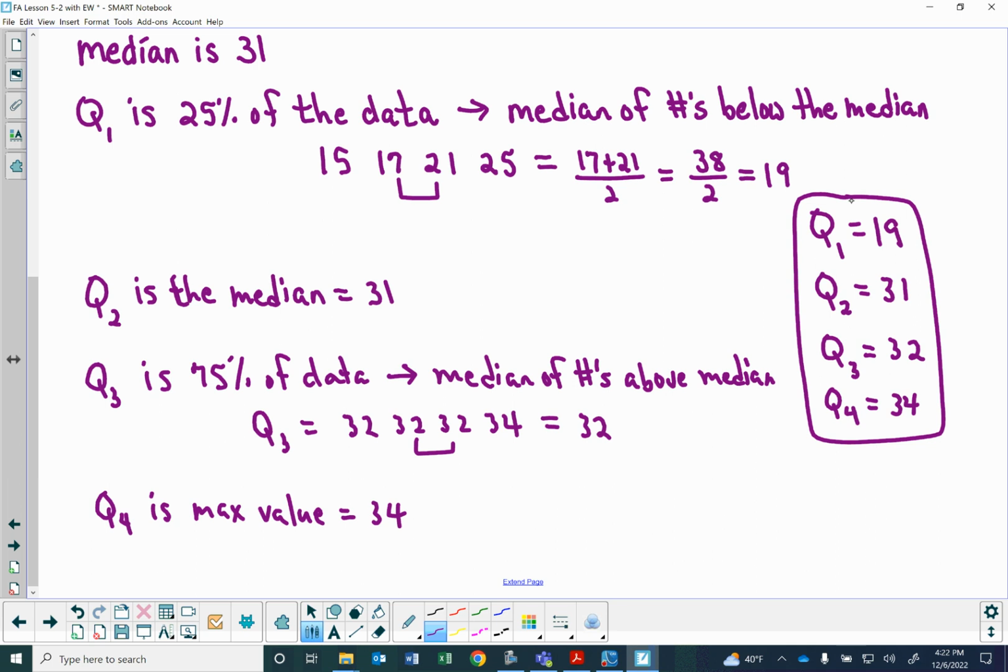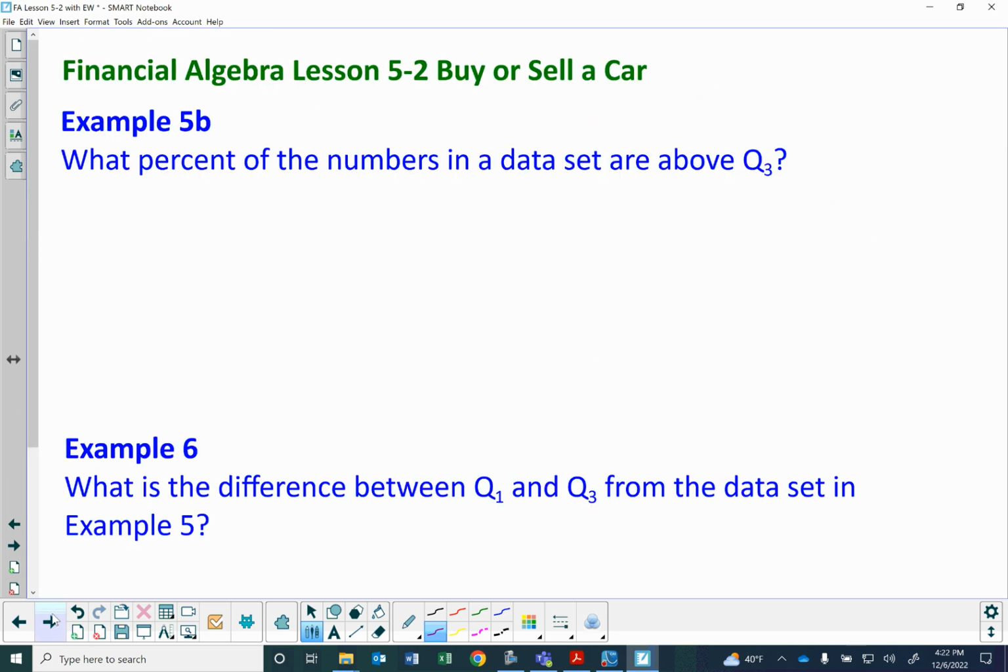So if we look at 5B here, which is based on 5A, 5B says what percent of the numbers in the data set are above Q3? By definition, Q3 is 75% of the data values. 75% of the data values fall at or below Q3.